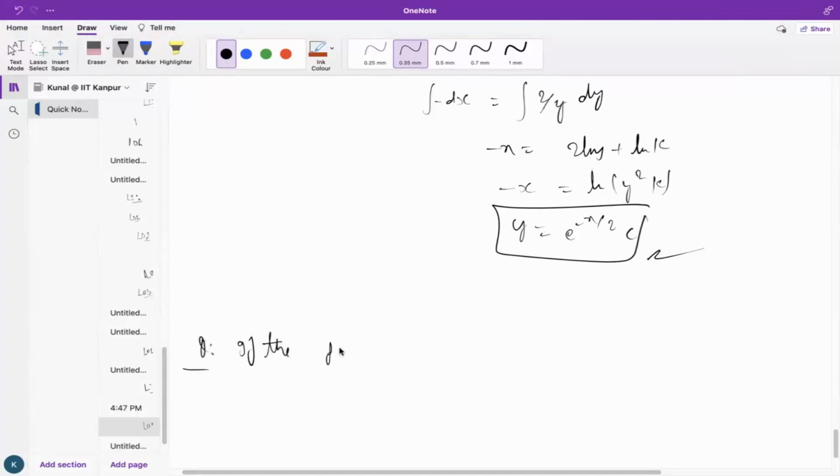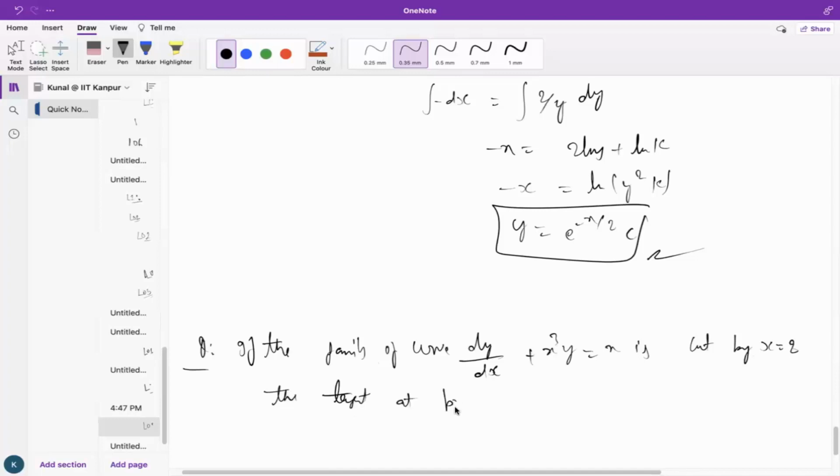If the family of curves dy by dx plus xy is equal to x is cut by x is equal to 2, the tangents at the points of intersection are concurrent at lambda comma mu. So you have to find lambda by mu. This is the question.